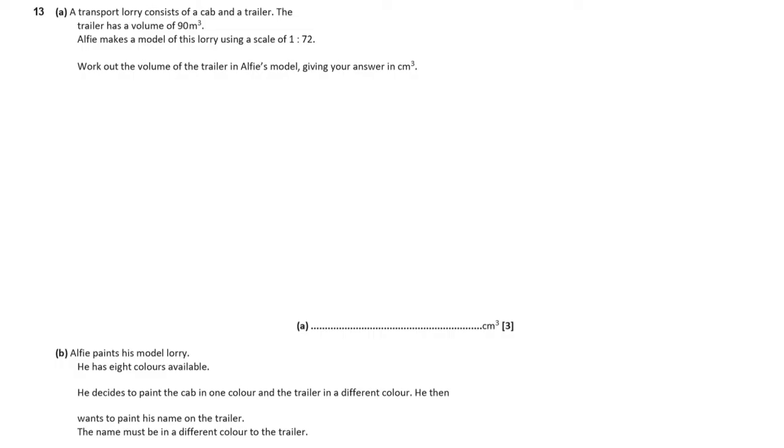Okay, so if he makes a model using the scale of 1 to 72, that is a scale of their lengths. So the ratio of lengths is 1 to 72, so the ratio of volumes is going to be 1 cubed to 72 cubed, which is going to be a rather big number.